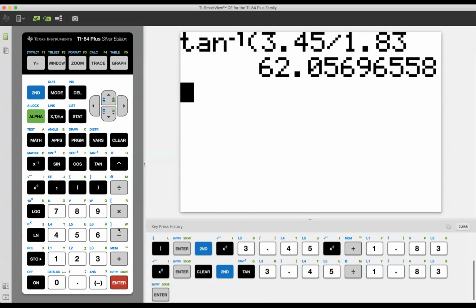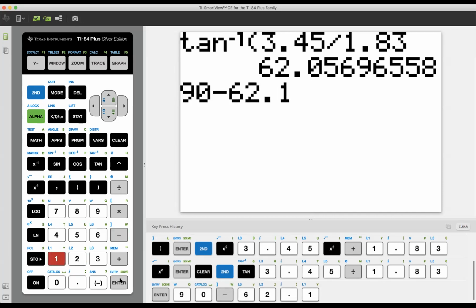Finally, I'm going to get that angle B. And for that, go ahead and just use the fact that those two angles have to add up to 90. So I could just do 90 minus 62.1, 27.9. So that's going to be my B, and I've got it solved.